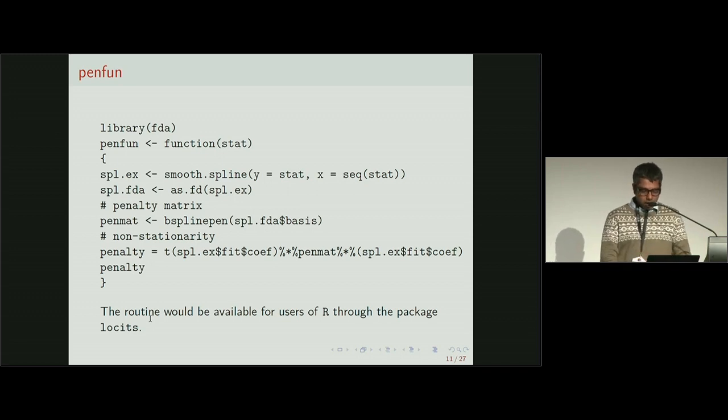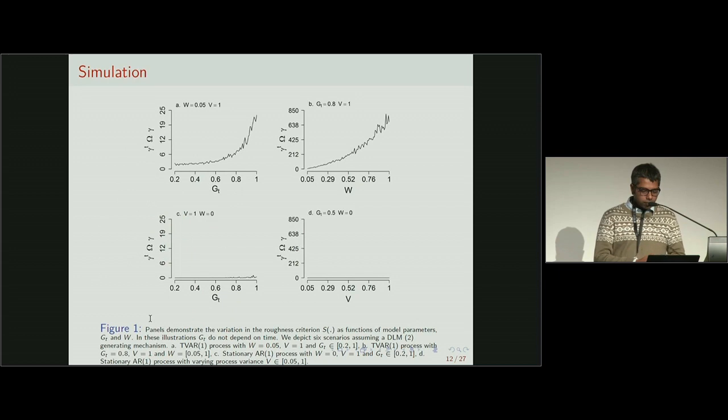All right, so now on to some results. On the bottom panel, you see the measures corresponding to stationary time series. A time series is stationary when W, the system variance, is 0 in the DLM modeling framework, and GT stays between 0 and 1. Okay, so both the bottom panels are stationary time series models, and for them we see that the parameter S stays largely close to 0.